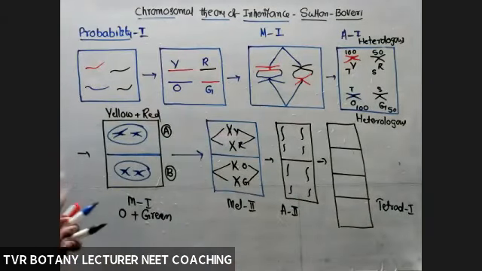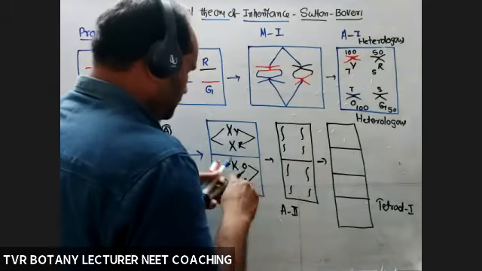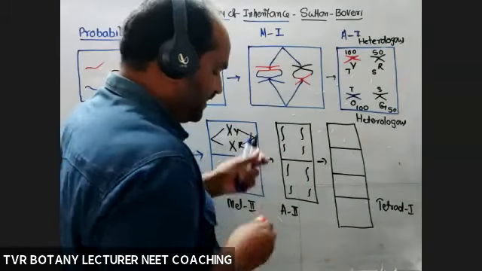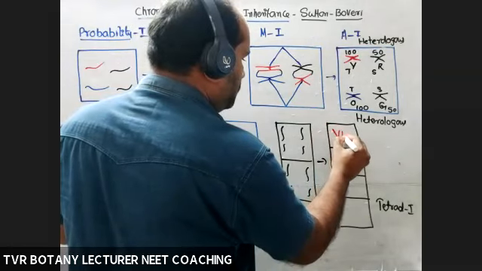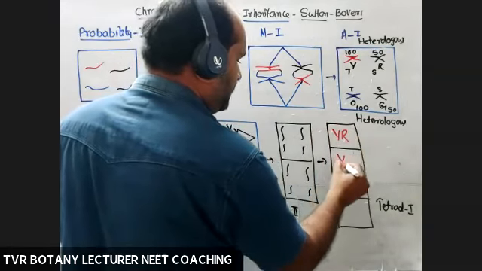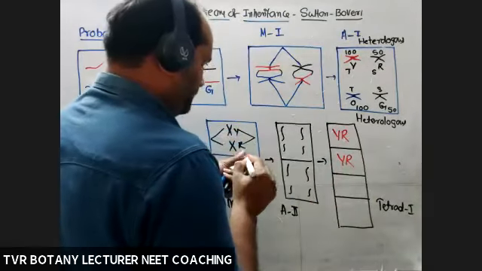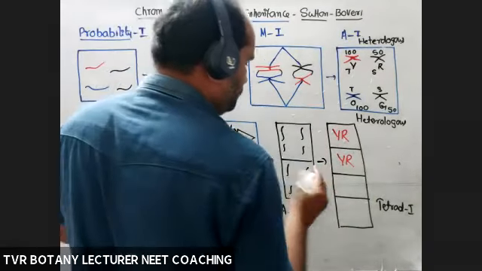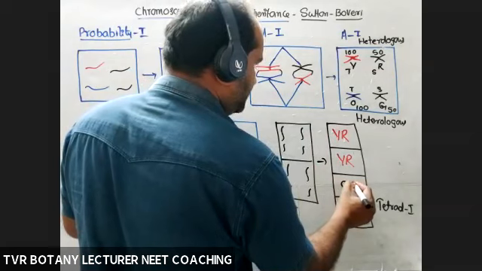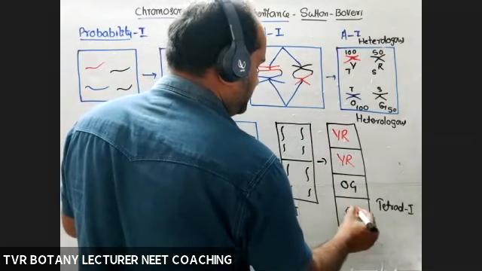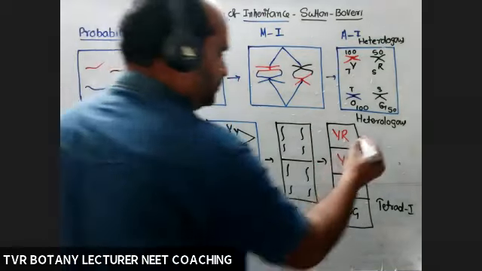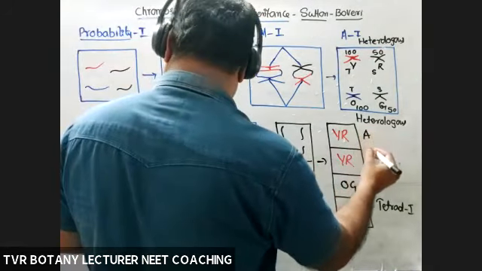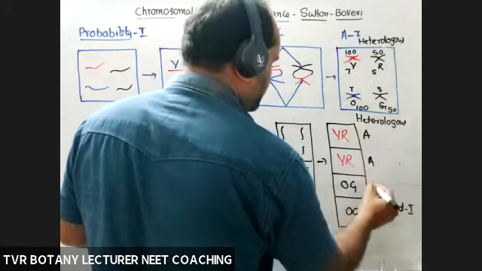Okay, so what are those cells? What are the chromosomes? Use symbols only to understand the concept. Take yellow, yellow, red, yellow, red. Next, orange, green, orange, green. Okay, so these two are A type of cells, and these are B type of cells.